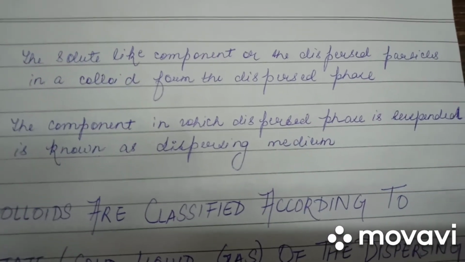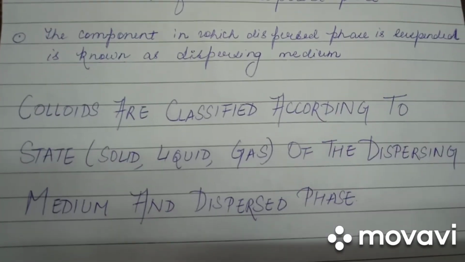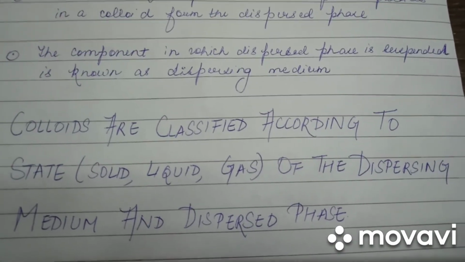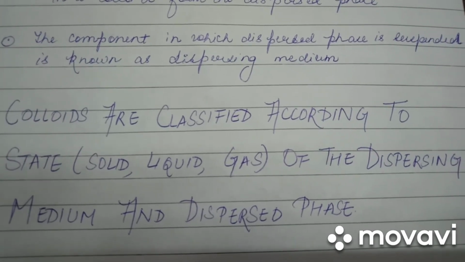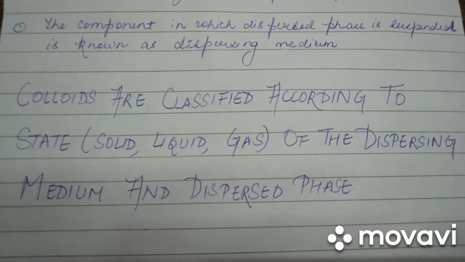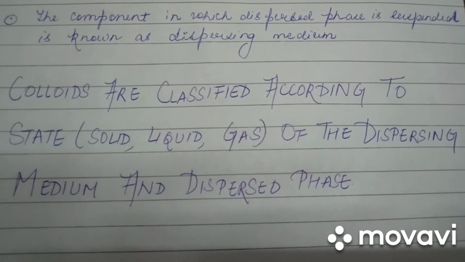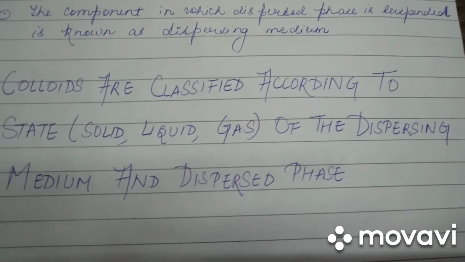Pretty much as is the case with the solute and the solvent. Colloids are classified according to the state of the dispersing medium and the dispersed phase. We shall be discussing examples related to this in our next video.